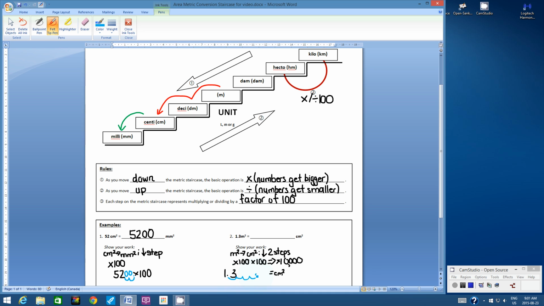I'm going to put the decimal there. I have to fill this place value, and this place value. This decimal disappears. So what is my final answer? 1.3 meters squared equals 13,000 centimeters squared.